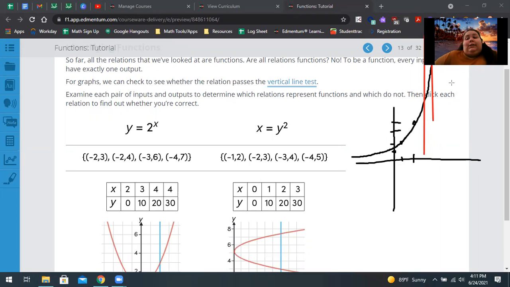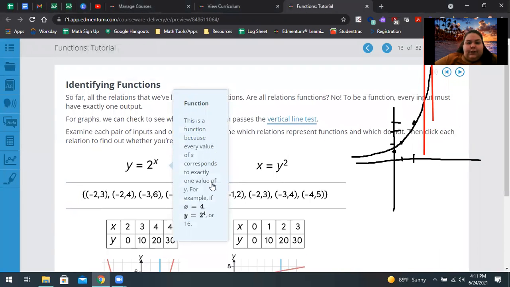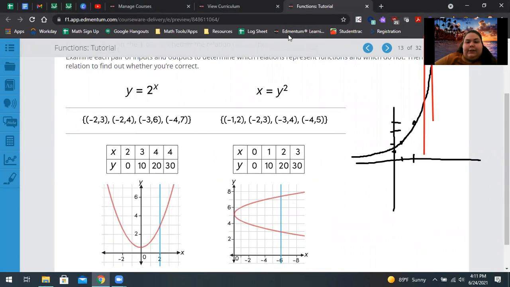In this case, it's only touching once, just there. So this is considered a function. I think also if you click on it, it'll tell you if it's a function. So they test out those values for you and give a little explanation there.